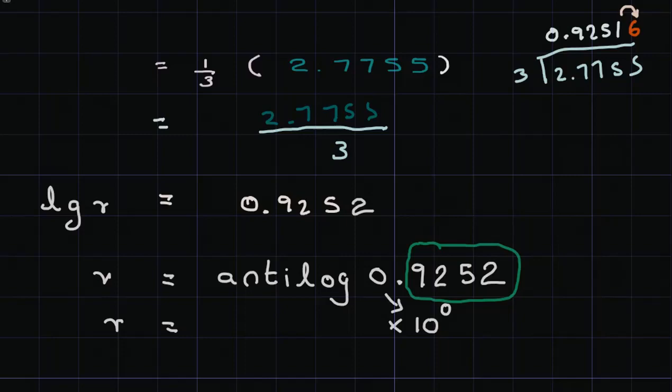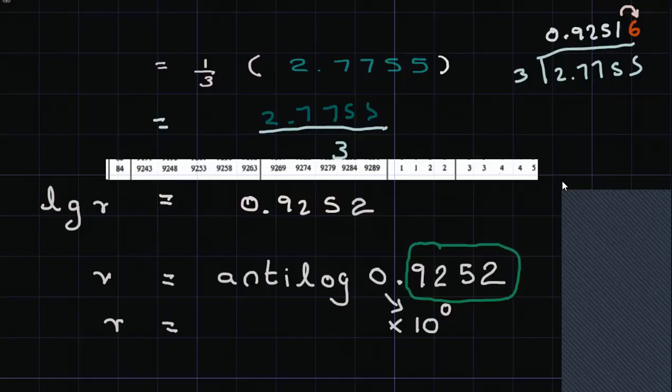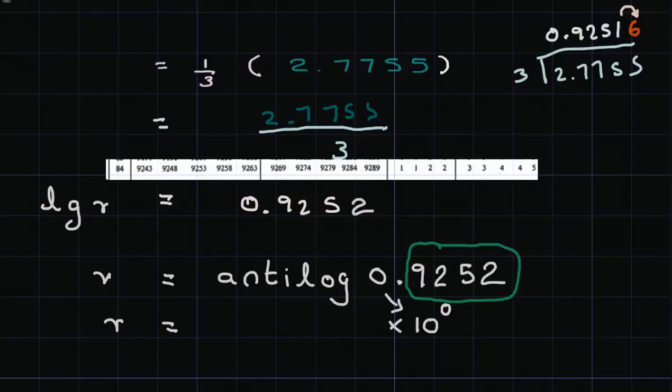Let's get the log table once again. So I'm hunting for 9252, but 9252 isn't there. 9248 is there, so I'll take that. So where is 9248? That's in the 84th row. And which column?